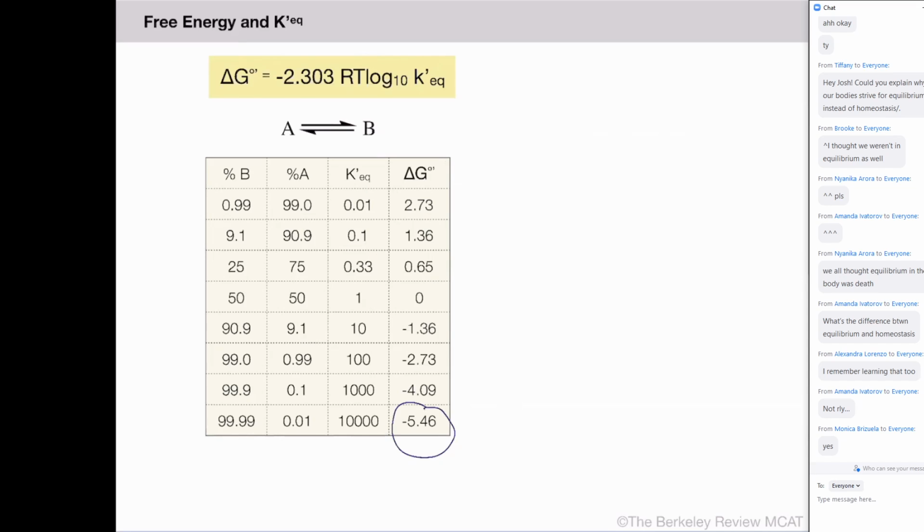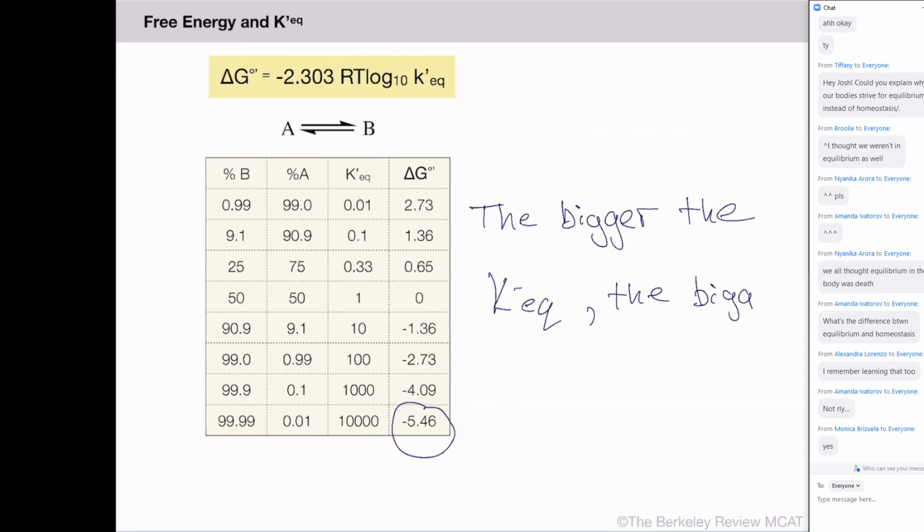So what this means is the bigger the KEQ, the bigger the negative delta G naught prime, which means that the reaction is more favorable.